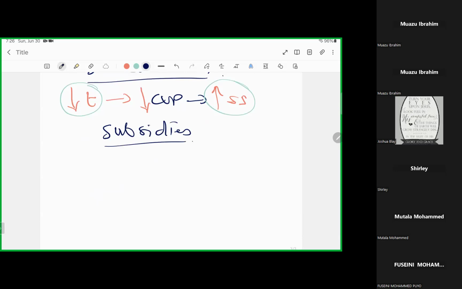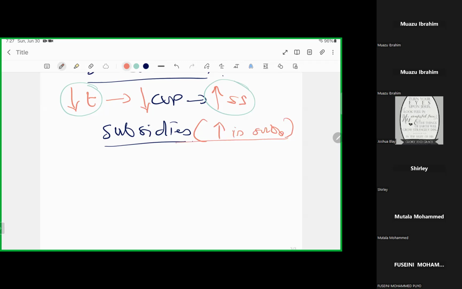By subsidies, we are looking at how much government is providing relief, or supporting the production of a particular commodity by providing them with some form of an incentive, and that incentive is done to incentivize producers to produce more of that particular commodity.